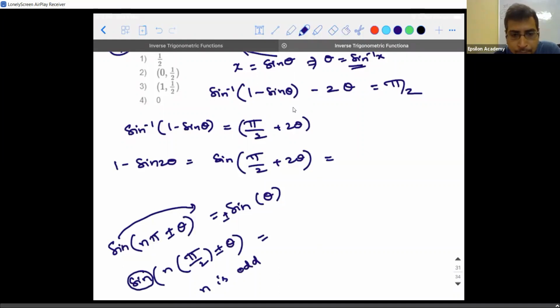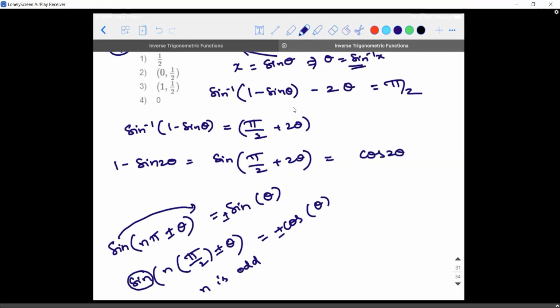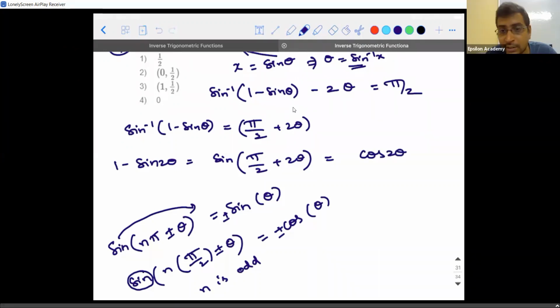Sine becomes cos of theta. We don't know whether it is plus or minus cos theta. So similarly, think and tell me sine of pi by 2 plus 2 theta is how much? It is cos 2 theta. Now you need to answer one question. When I say sine of pi by 2 plus 2 theta, which quadrant does it belong to?